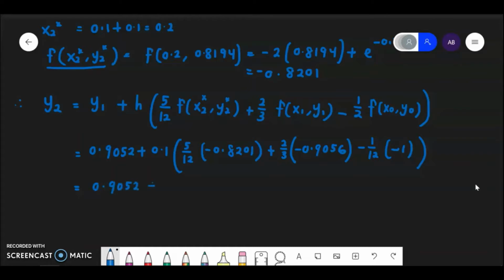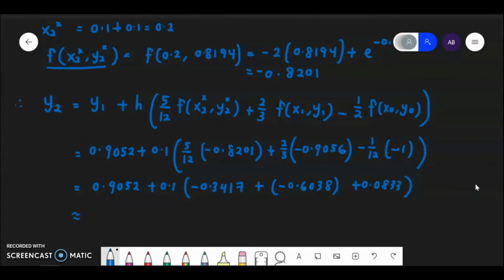So 0.9052 plus 0.1. Now I've done this earlier on. This time this should give you negative 0.3417, plus this one will give you negative 0.6038, and lastly 1 over 12 plus negative 1 over 12, 0.0833. Is it 4 decimal places? Yeah.